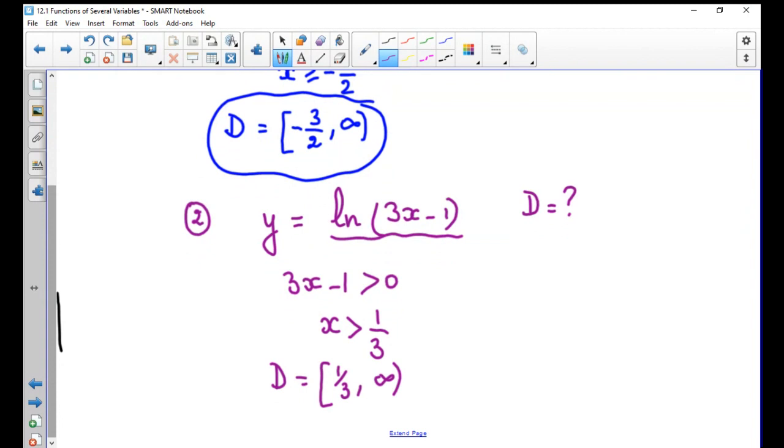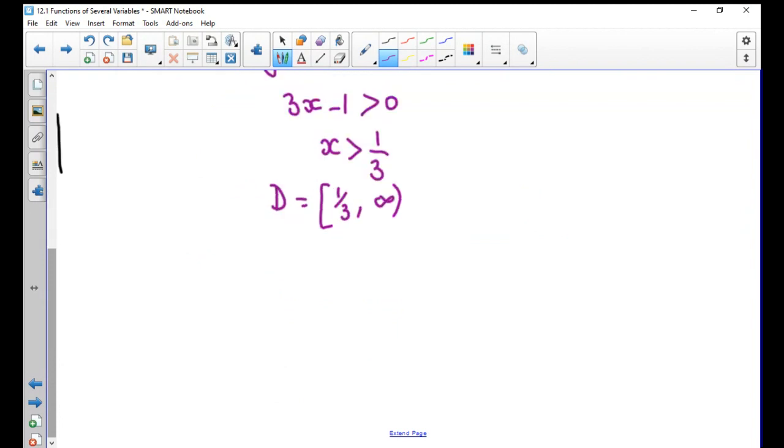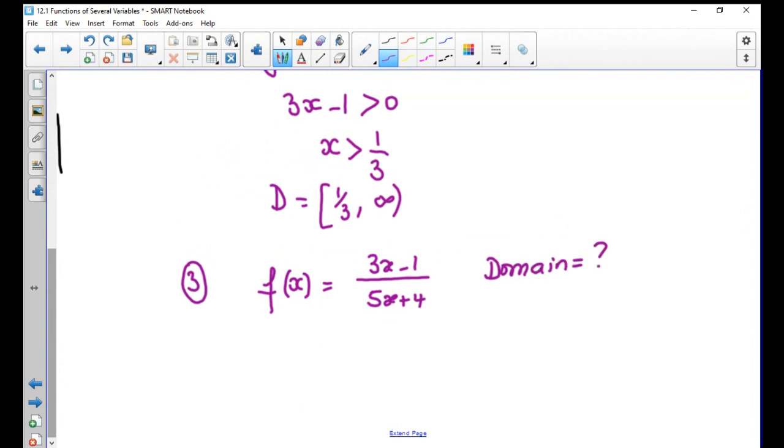Finally, another important thing to remember when you work with domains is that if you have something like 3x minus 1 divided by 5x plus 4, and you want the domain of this function, what is the domain of this function?